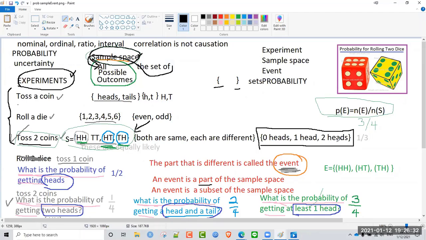Now, how many outcomes are there in this sample space? If this was S, how many outcomes are there? 3. So this is not going to work. It's going to give us a different answer, and it's not going to be the right answer.